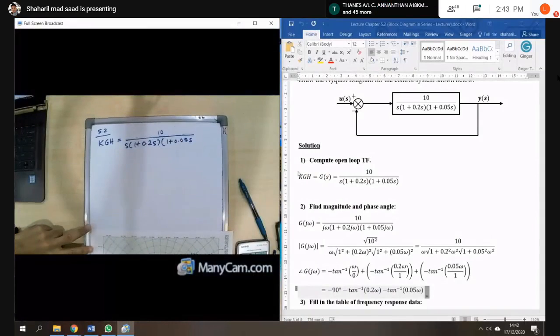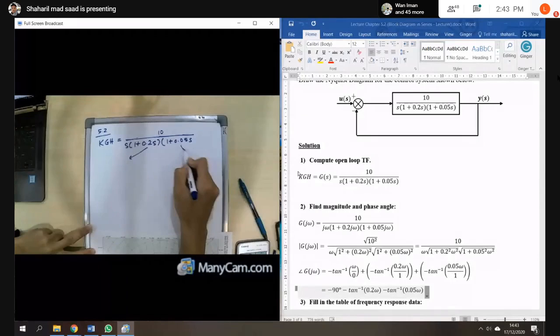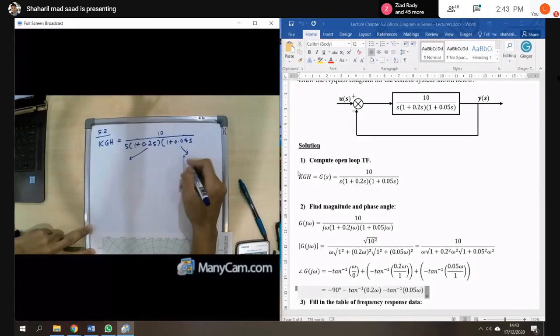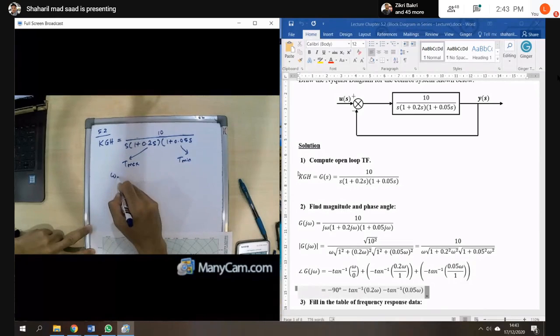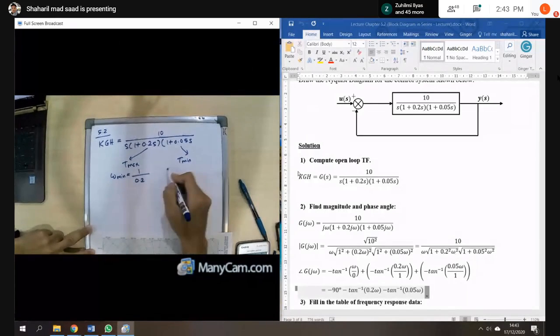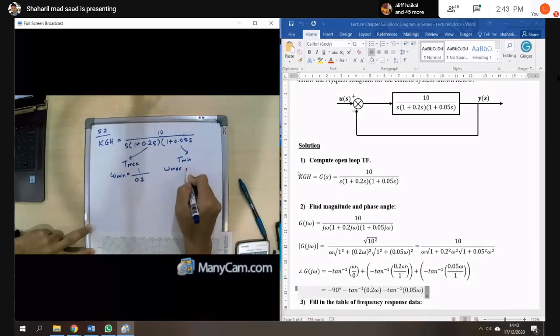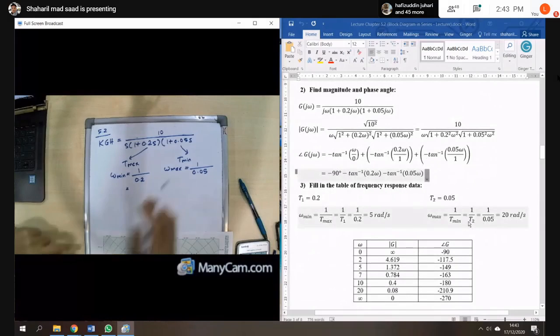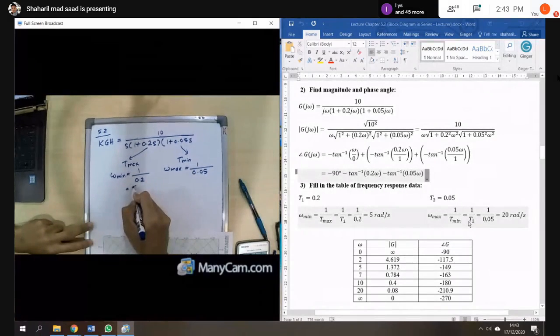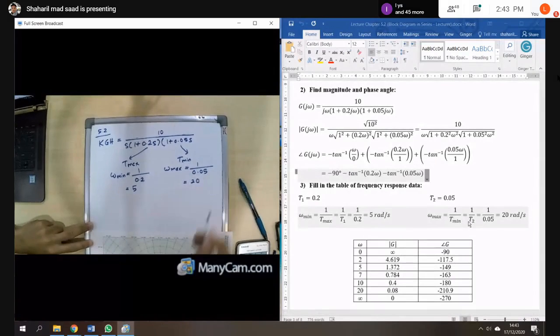Done. And here we get 0.2 and 0.05. That means this one is T min, and this one is T max. From this we find omega min as 1 divided by 0.2, and omega max as 1 divided by 0.05. So you get 5 and 20.